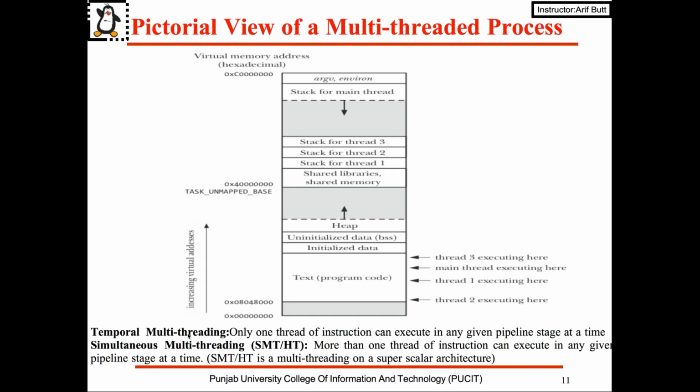In temporal multi-threading, only one thread of instruction can execute in any given pipeline stage at a time. While in simultaneous multi-threading, which is also known as hyper-threading, more than one thread of instruction can execute in any given pipeline stage at a time.